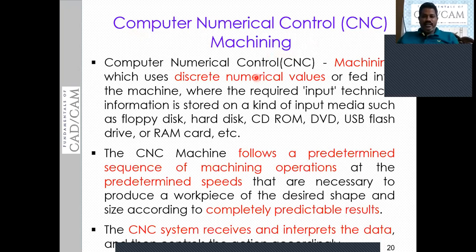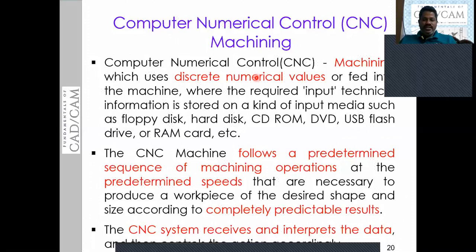We have not integrated the numerical control machine with a computer. We have prepared a program, but that is coded and written in the form of hard copy, that is a punched card. But when you prepare a program on the computer, then it is a soft program.